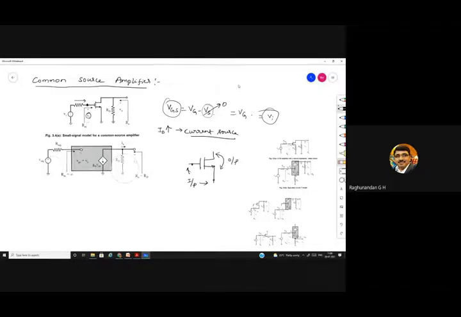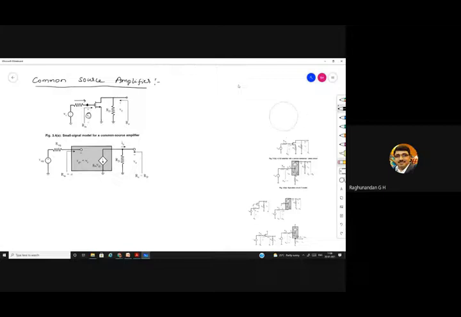Now, this is about this part of the equivalent circuit. You can see that it is open circuited. Plus and minus, you can see that it is open circuited. May I know why it is open circuited? This is the equivalent circuit, and in the equivalent circuit we are showing an open circuit. That means there is no short, there is no connection here.